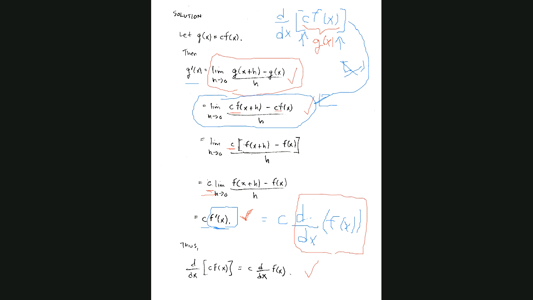I'll write it here. Probably a good idea to give it a name. This is called the constant multiple rule, because you're taking the function and multiplying it by a constant, and then you want to take the derivative.